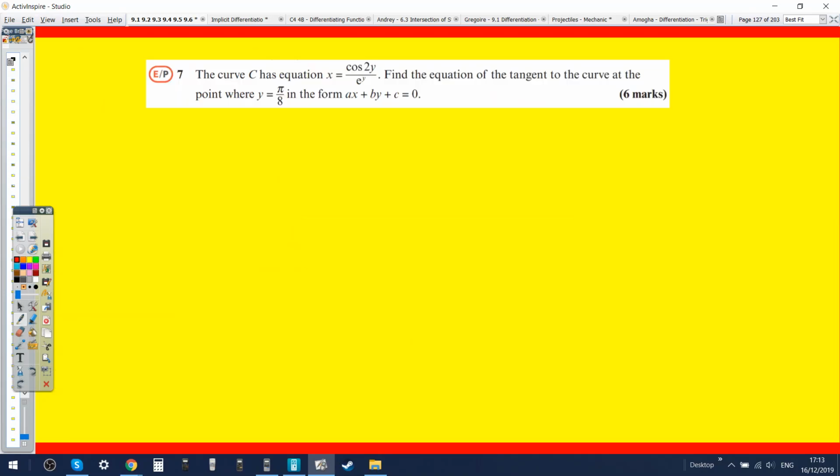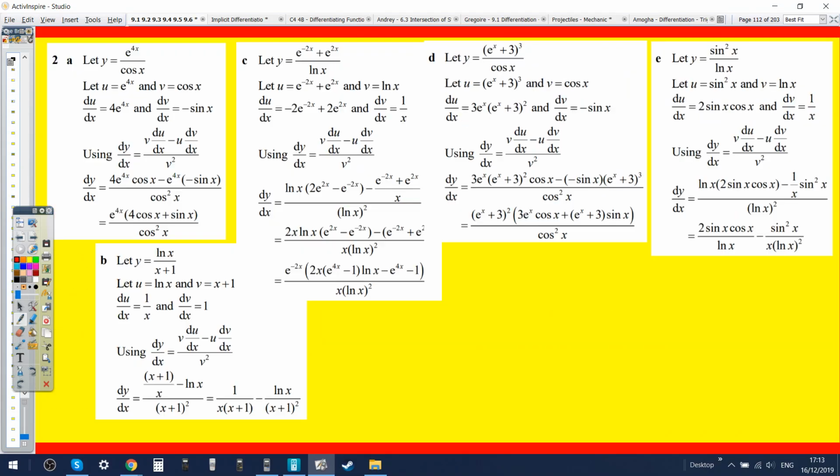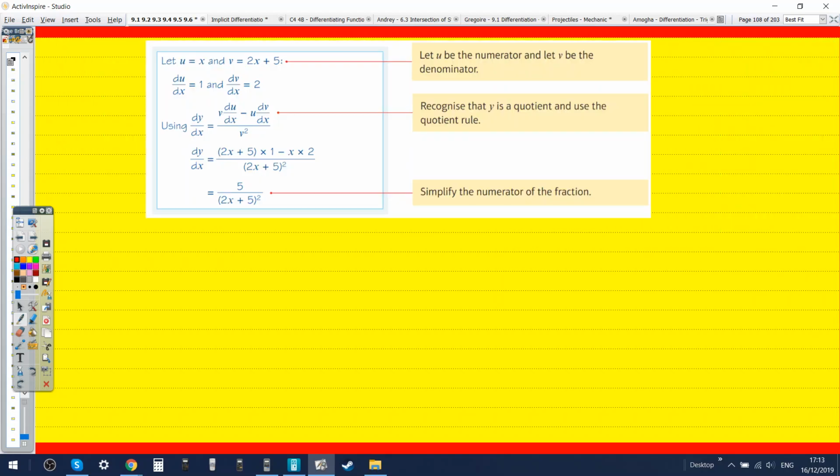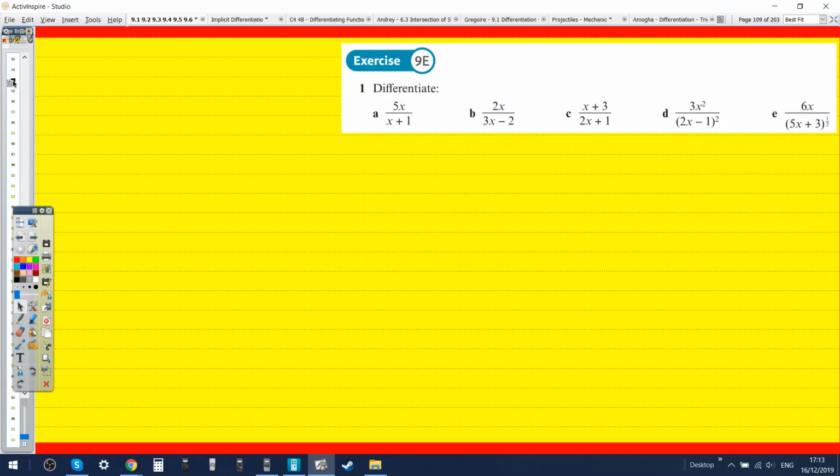Let me check the formula. It's the numerator that needs to be differentiated first.